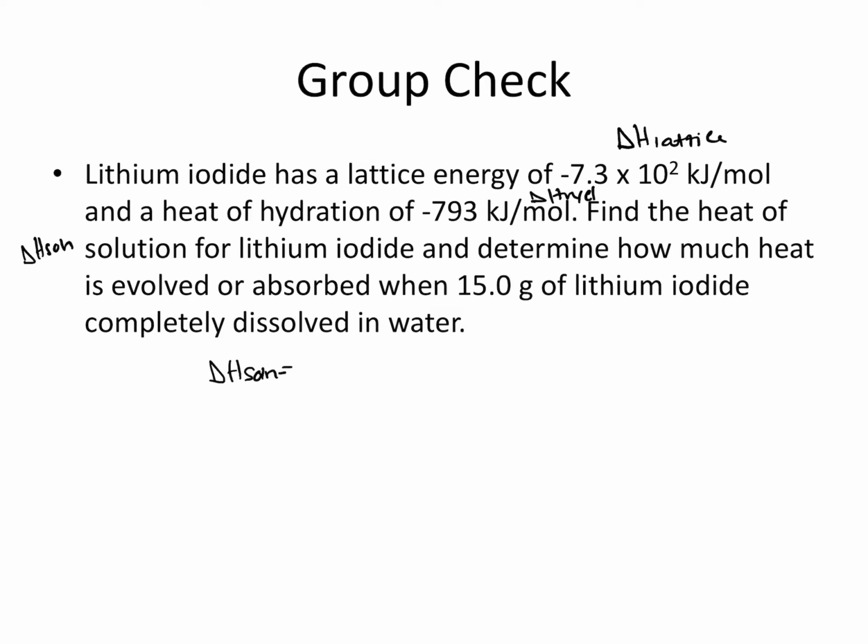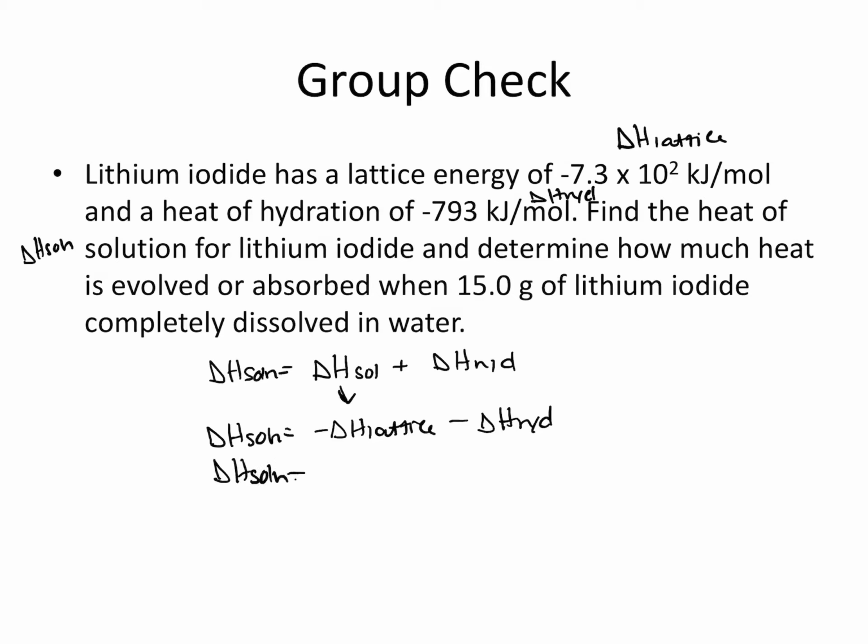Okay, so we know that the heat of solution is equal to the heat of the solute plus the heat of hydration. We know heat of solute is the negative of the lattice energy, and we also know that the heat of hydration is negative.